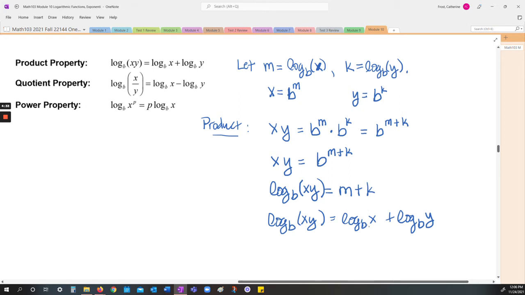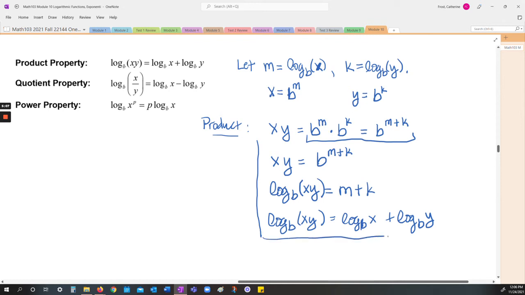But we have now proven, you might disagree, this product property: if you have the log of a product, you can split it up into the sum of the log of each factor. And this is all based on this idea with exponents that we already knew, that if you have the same base, you can add your exponents when you multiply.